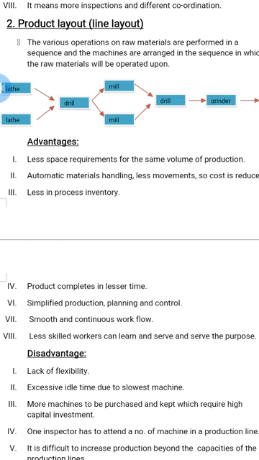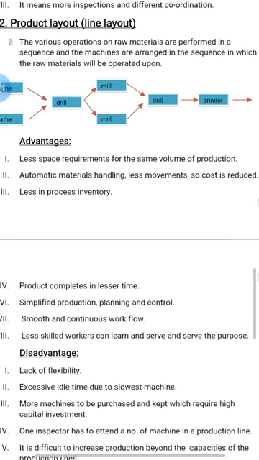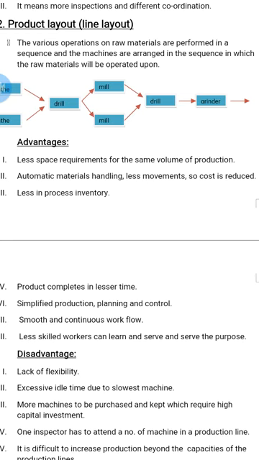So what are the advantages? Space requirement reduces. It requires less space for the same volume of production. Automatic material handling is possible in this case.